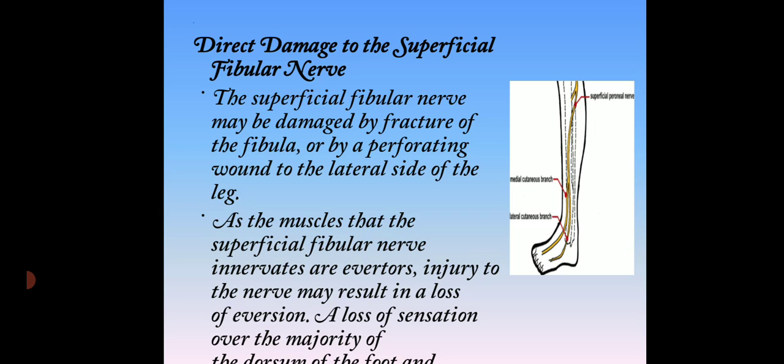As the muscles that the superficial fibular nerve innervates are evertors, injury to the nerve may result in a loss of eversion, and a loss of sensation over the majority of the dorsum of the foot and the anterolateral aspect of the lower leg could also result from this.